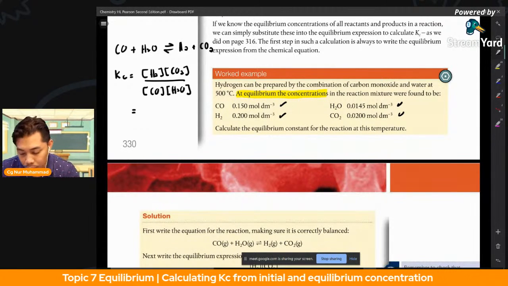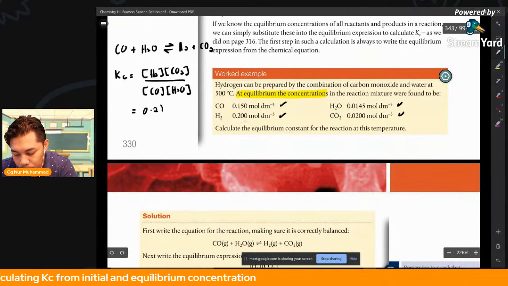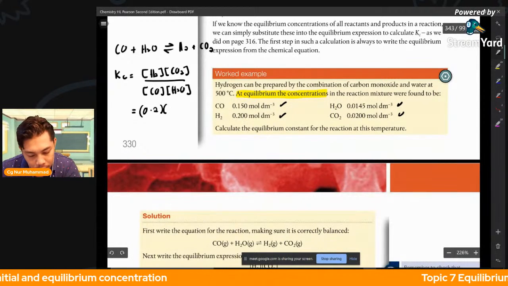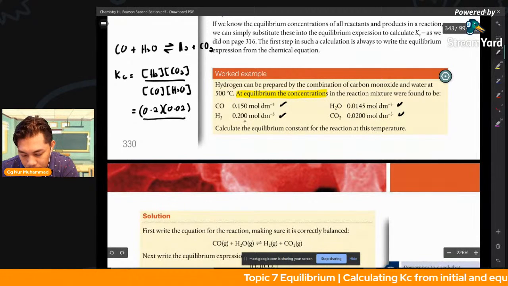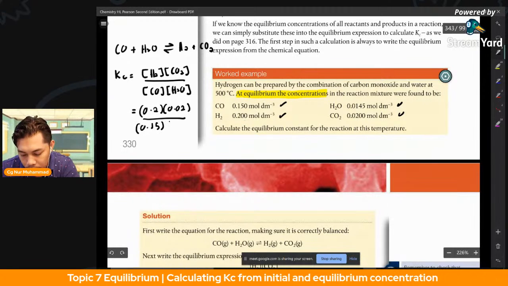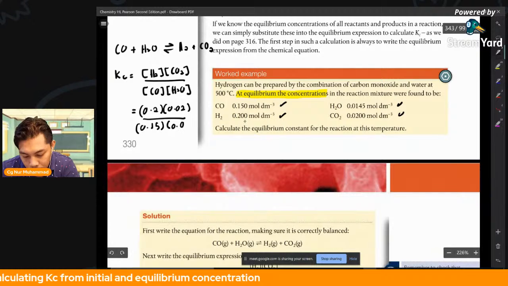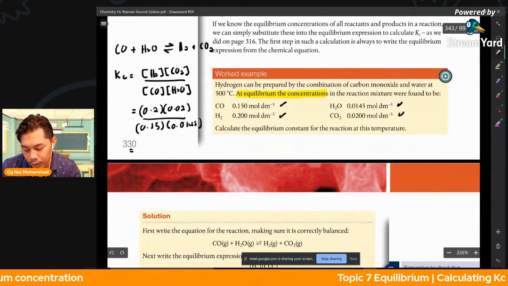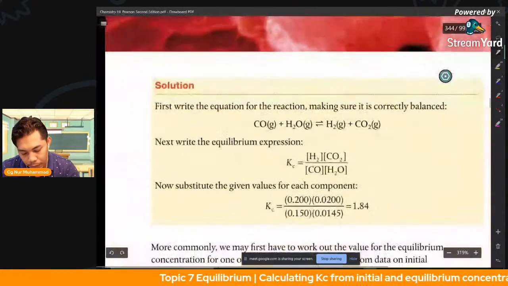Okay, so just masukkan sahaja maklumat diberi. So 0.2 times carbon dioxide 0.02, divided by carbon monoxide 0.15 times water 0.0145. Okay, and then just use calculator. Tengoklah apa jawapan dia.